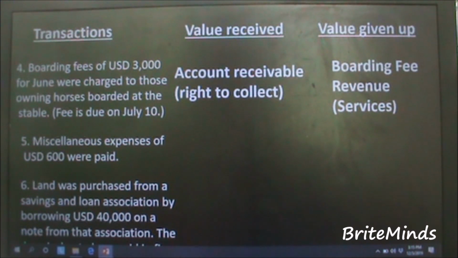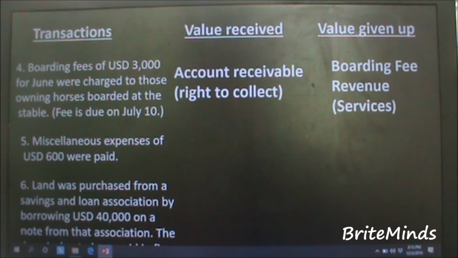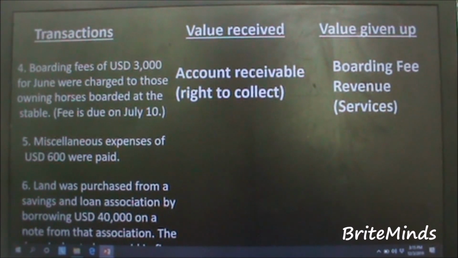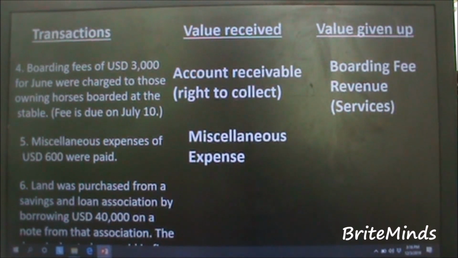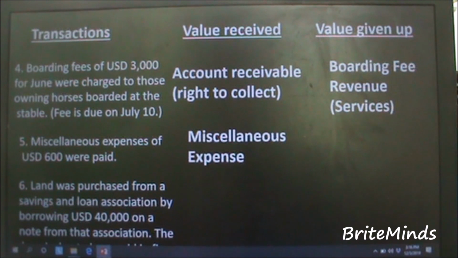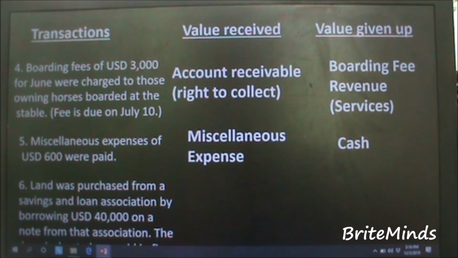Another transaction says miscellaneous expenses of 600 US dollars were paid. So the value received is the miscellaneous expenses, and the value given up is cash, as it was paid in cash. Then another transaction states land was purchased from a savings and loan association by borrowing 40,000 US dollars on a note from that association.